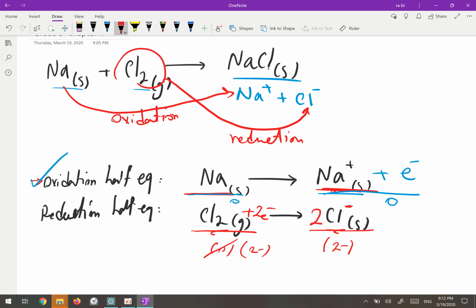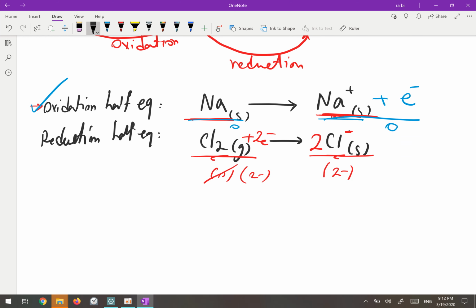So I rewrite them here. For the oxidation half equation, you have Na becomes Na+ plus 1 electron. The electron must appear at the right side because this is oxidation. As I said, in oxidation you always have the electron at the right side.